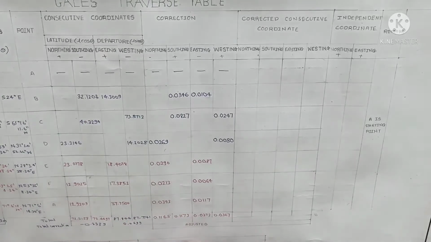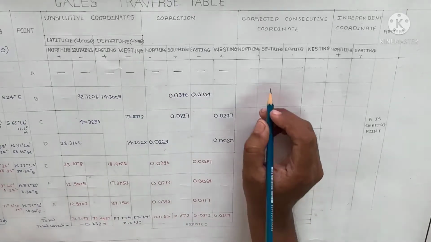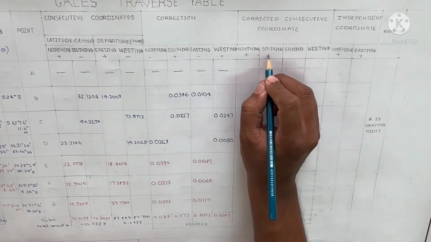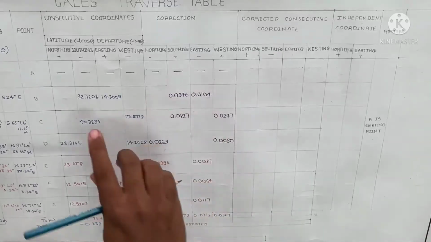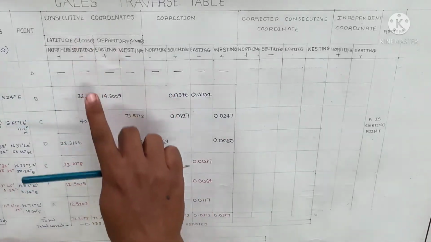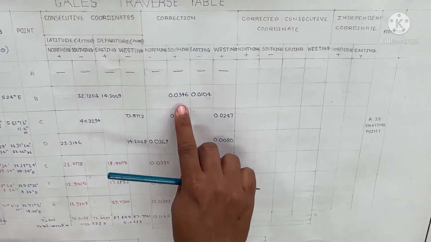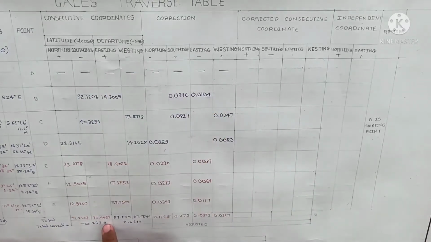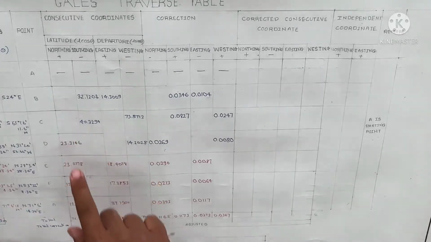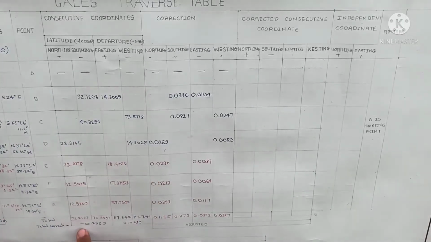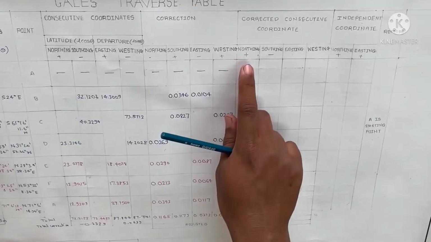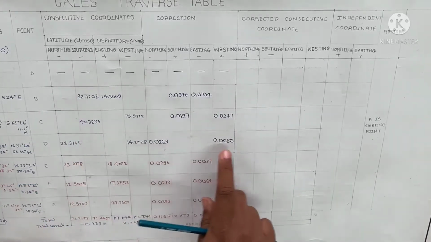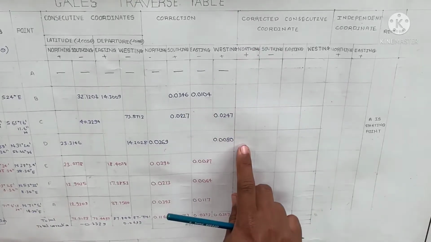According to that we will write down the sign here, northing to be added and southing to be deducted. That is, consecutive coordinate minus correction will give us the southing, as it is greater in the summation. In the summation of the northing it is lesser, so we are going to add it, that is northing consecutive coordinate plus correction, and calculate the corrected consecutive coordinate.